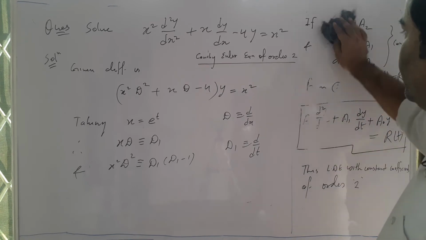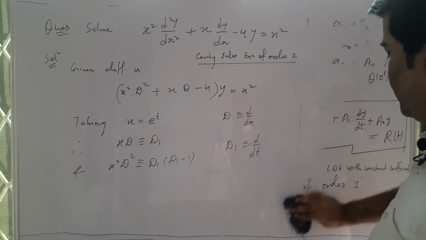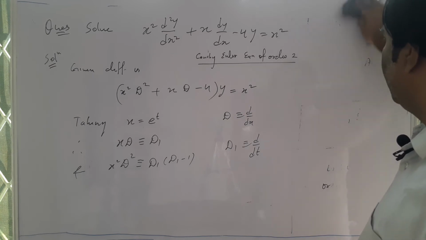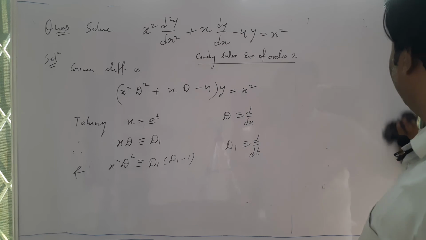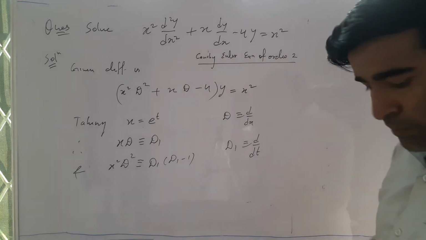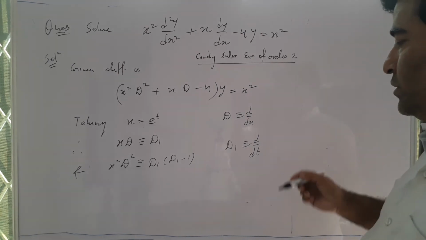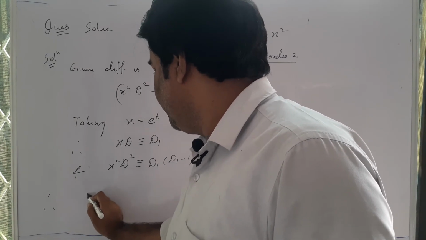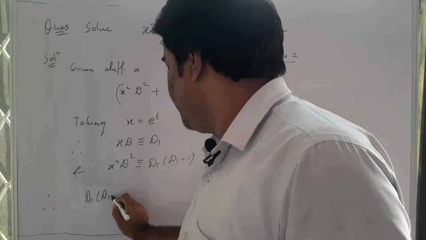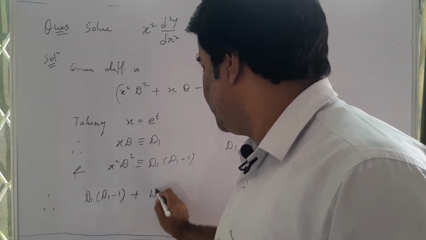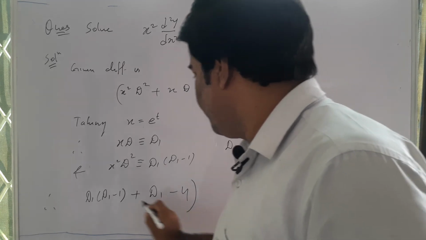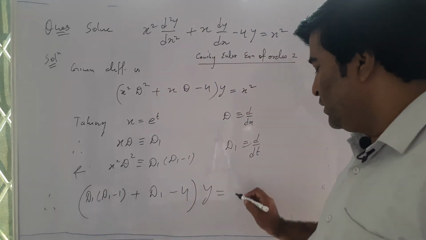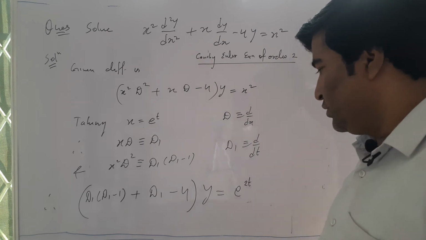Putting these values in the given differential equation, we have D1 into D1 minus 1 plus D1 minus 4, y is equal to e to the power 2t.